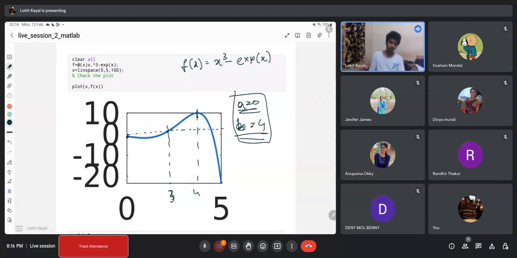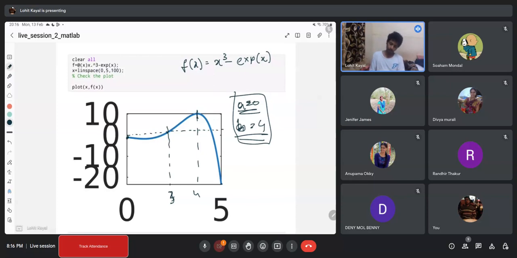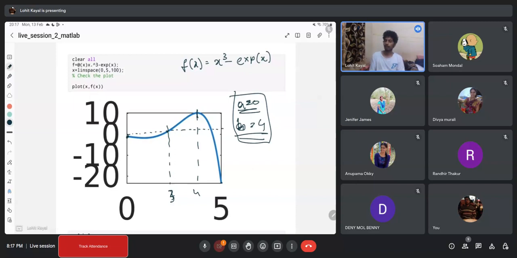So we get the idea from the plot about what the initial guesses will be. So a equals 0, b equals 4. Then I will repeat this operation of fa and fb, and check if it is less than 0. Then we will shrink the domain by taking the third point as the average of those 2 points.